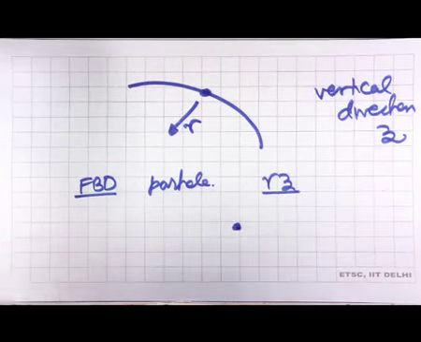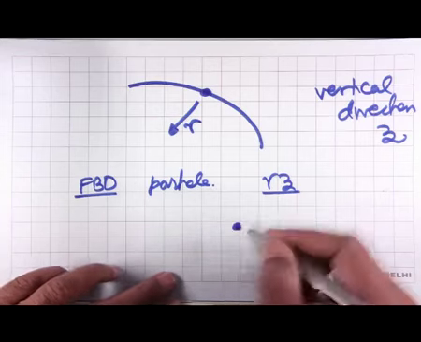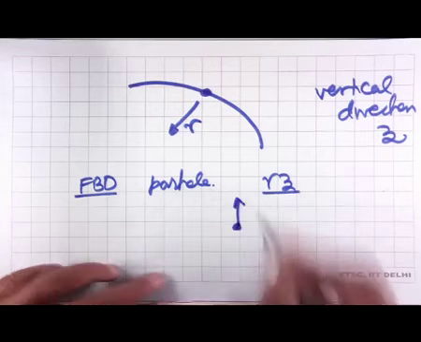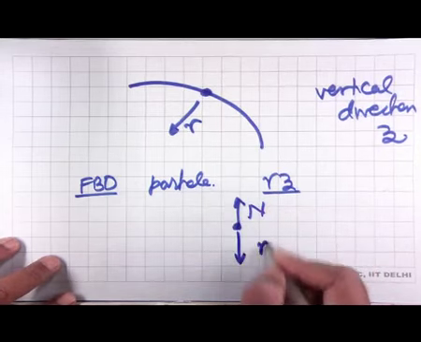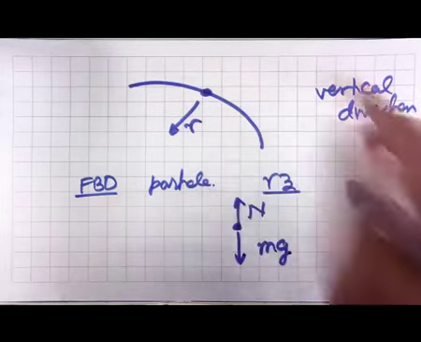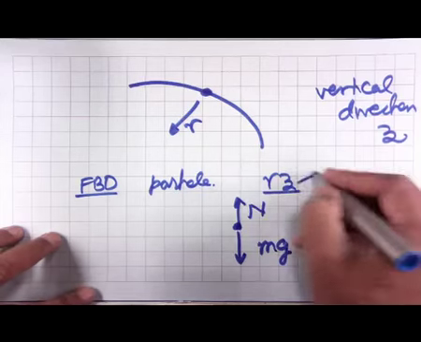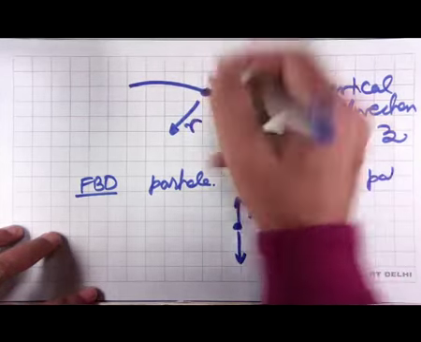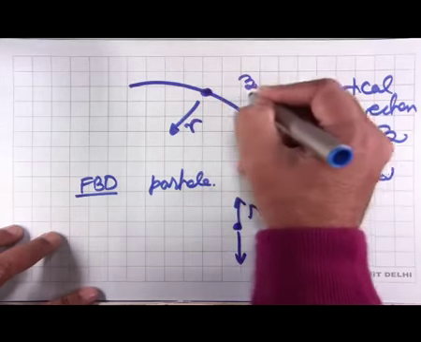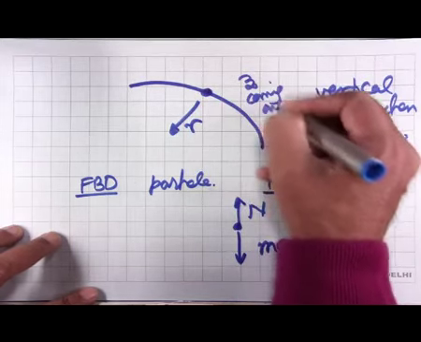In the Z direction, we will have the normal reaction and the weight. This Z direction is perpendicular to the paper, so here Z is coming out of the paper.